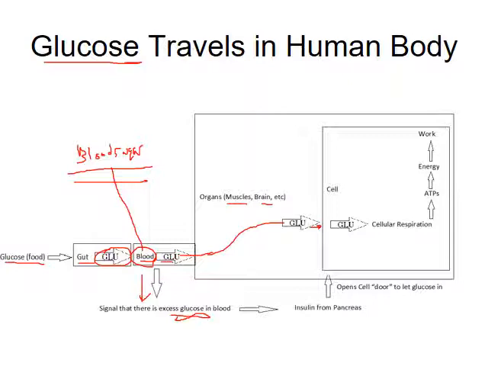And what happens is the brain tells the pancreas to release insulin. And the insulin is released, and what the insulin does is it goes and opens a door for the glucose to get in to the cell. And then it undergoes cellular respiration, which we'll talk about. So that's what happens to the sugar in your blood.